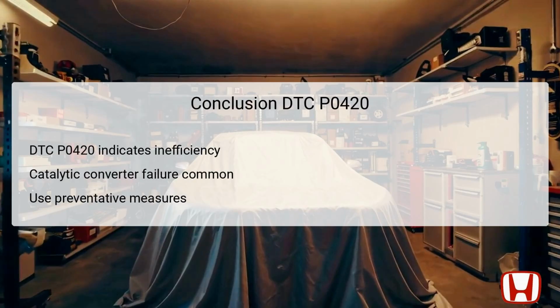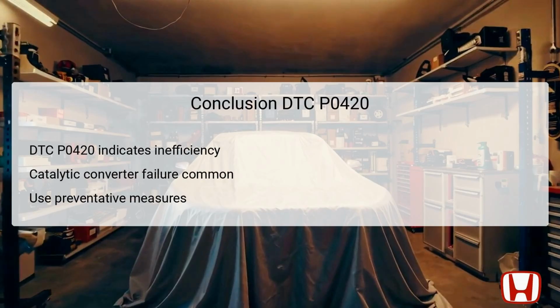In conclusion, DTC P0420 signifies a critical issue pertaining to the efficiency of the catalytic converter in Honda Civic models from 2006 to 2011. This DTC can commonly result from a faulty catalytic converter or oxygen sensor. Following systematic troubleshooting steps is essential to accurately diagnose and rectify the issue, beginning with clearing existing codes to monitoring OBD status.